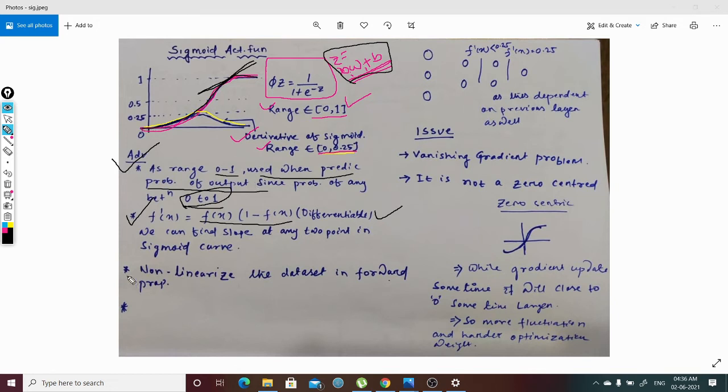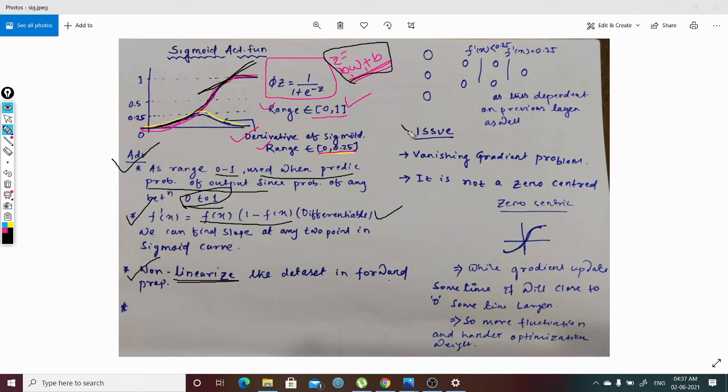So it non-linearizes the data set in forward propagation. In forward propagation, we can directly use the activation function. In backward propagation, we need the derivative, but in forward propagation, we need the simple activation function. So in forward propagation, it is used to non-linearize the data set.